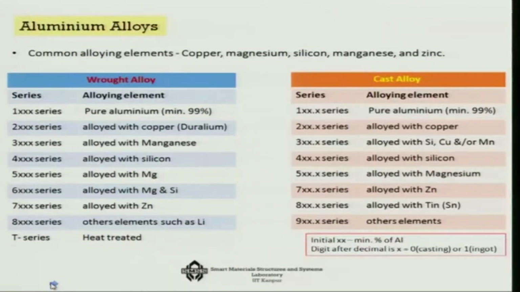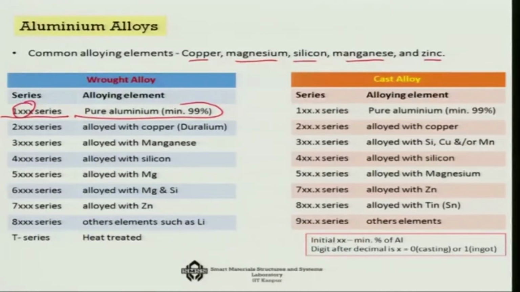Now, there are many alloys. Aluminum is one thing which has been explored with various materials, for example, copper, magnesium, silicon, manganese and zinc. Depending on what kind of alloying is happening, there are different grades of aluminum. For example, grade 1 is pure aluminum, about 99% pure, and there is this XXXX designation.